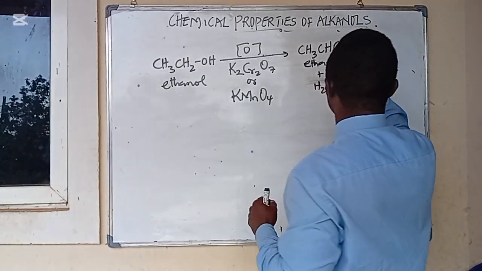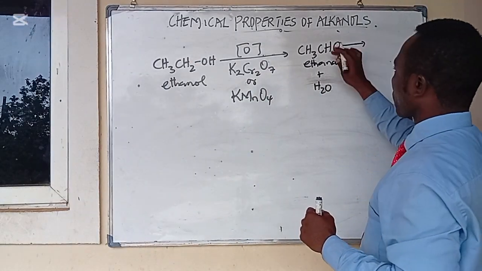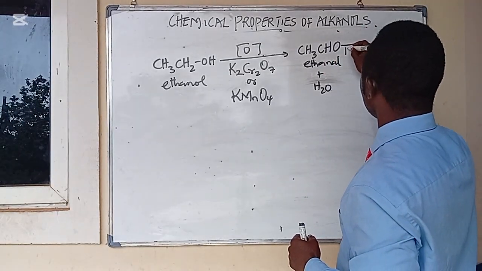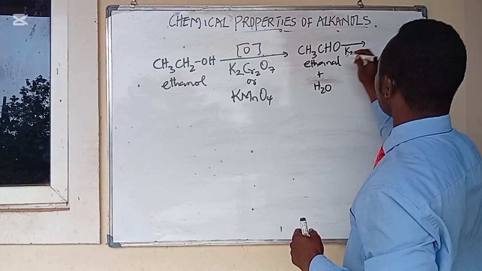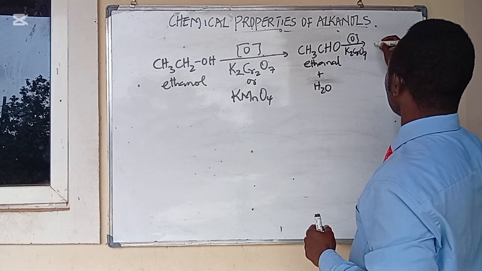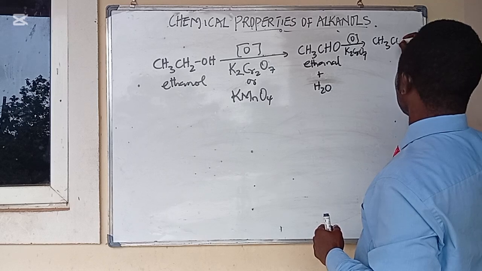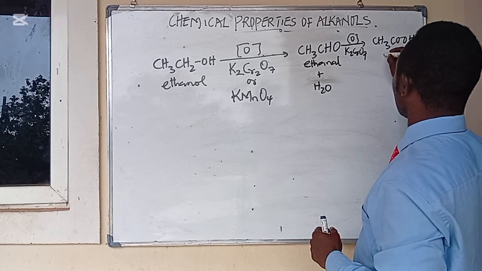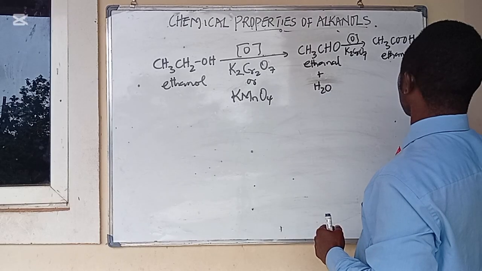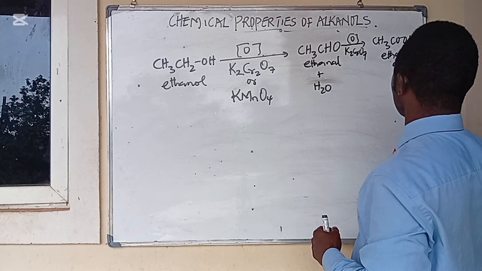Then when you further oxidize ethanal using the same oxidizing agent, what you now get is CH3COOH, which is ethanoic acid.